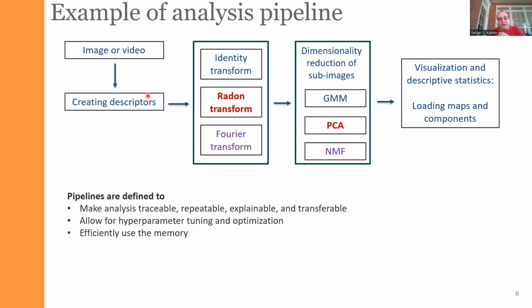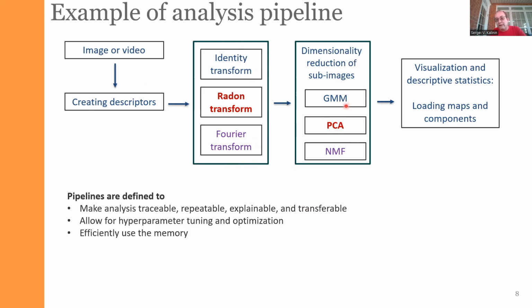So what I mean by that: on each step of this pipeline, you need to make a decision. For example, when you create a descriptor, you choose what descriptor to create, and you choose the patch size. So this is one parameter. When you define the transforms, well, you don't have parameters here, so these are open.